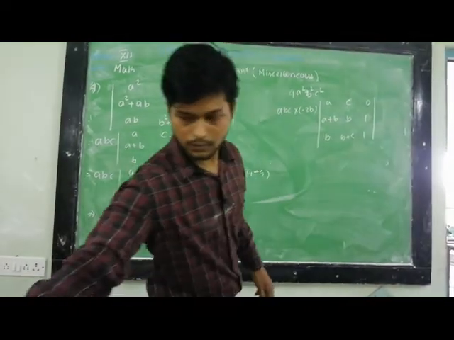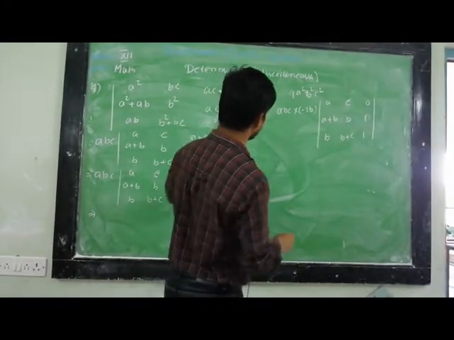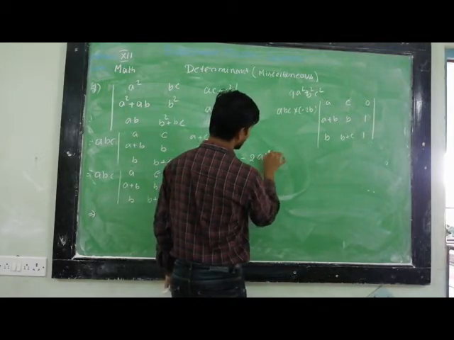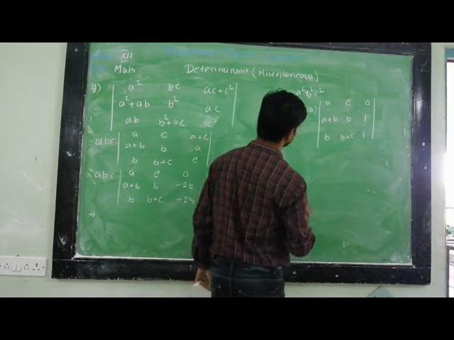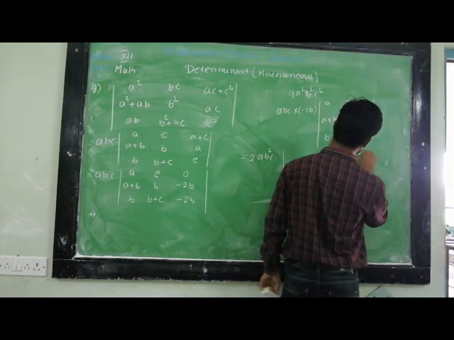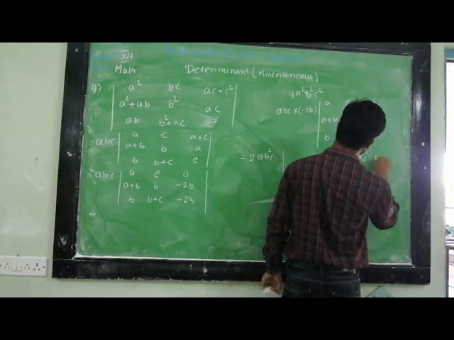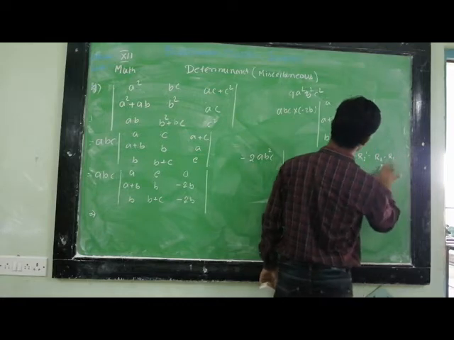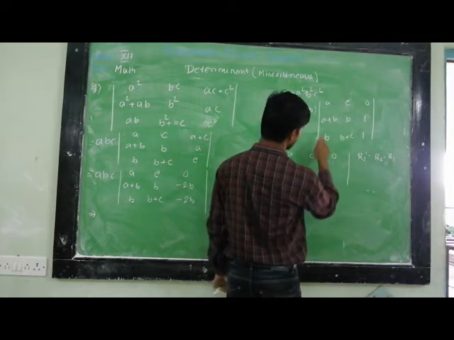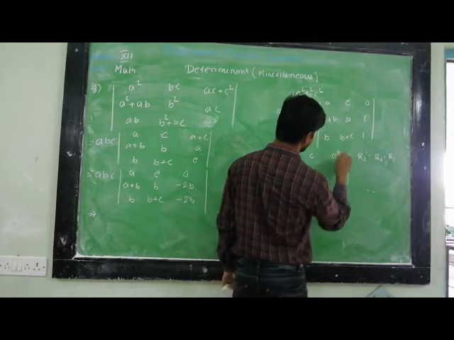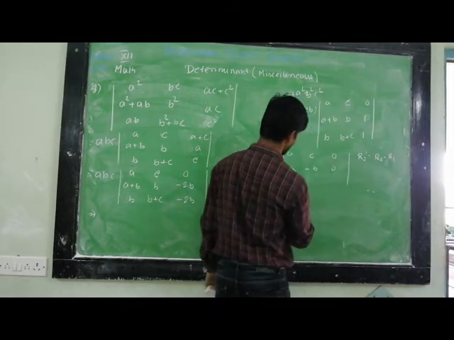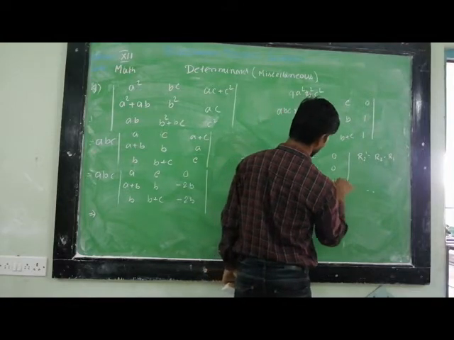So abc means minus 2ab square c into the operation R2 becomes R2 minus R3. So the first row is a, c, 0. The second row is this minus this, means a, b minus (b plus c), that is minus b, and this is 0. Third row b, b plus c, 1.